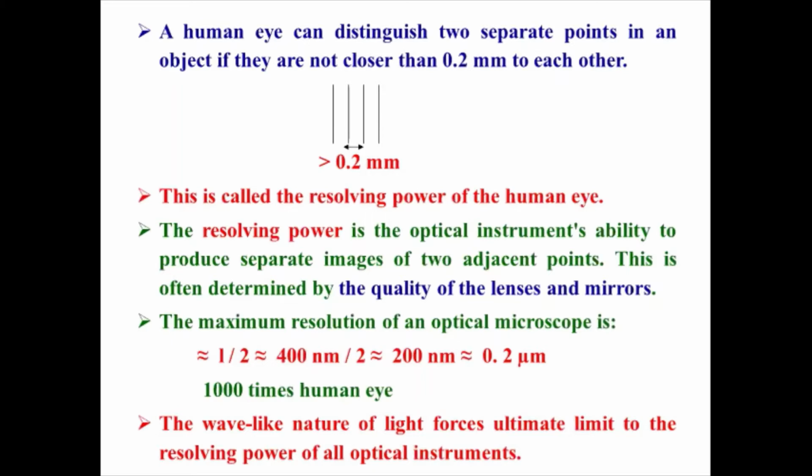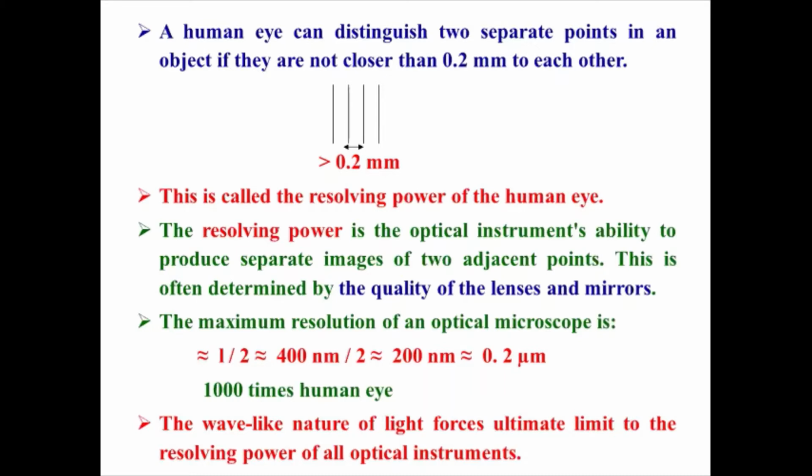The resolving power of the human eye on this basis is that it can distinguish between any two objects if they are not closer than 0.2 millimeter to each other, that is, 200 microns. And if you use the thumb rule, resolution equals lambda by 2, the smallest wavelength is 400 nanometer.